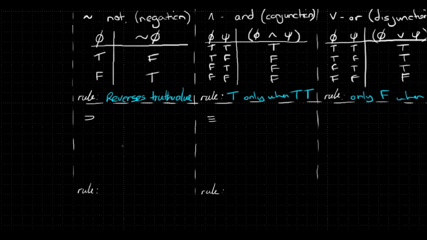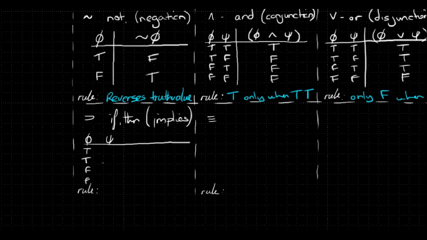Okay, let's move on to the hook. So this is commonly read as if, then, or sometimes implies. And again, we're going to need two variables. So phi and psi, true, true, false, false.